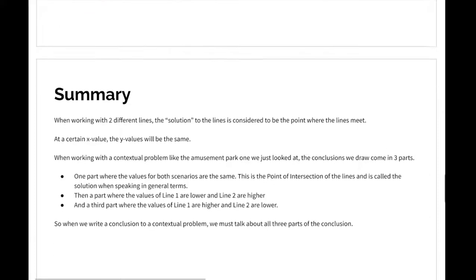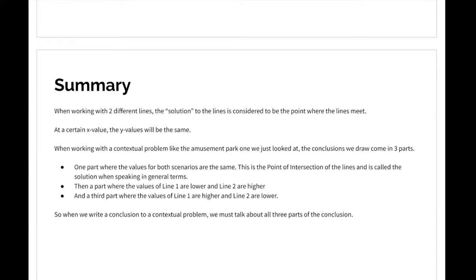So in summary of what we did, when working with two different lines, the solution of the lines is considered to be the point where the lines meet. So this means that at a certain x value, the y values will be the same. If we're looking at a context problem or a word problem, like the amusement park one we just looked at, there are three parts to our conclusion.